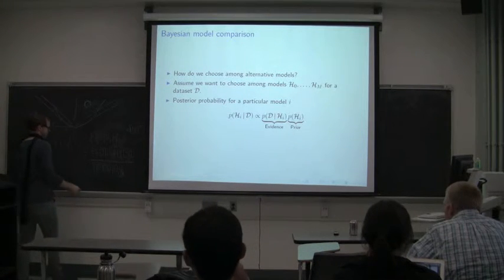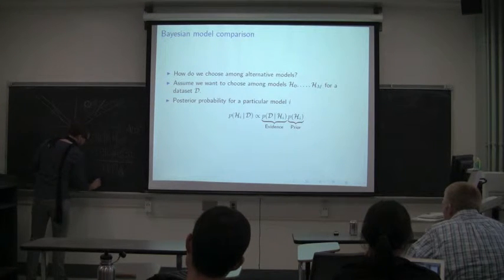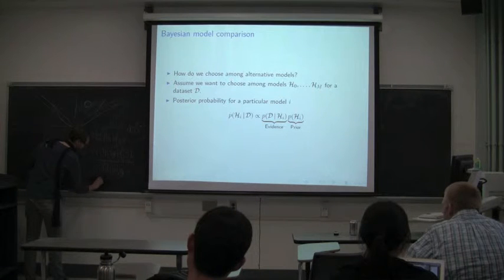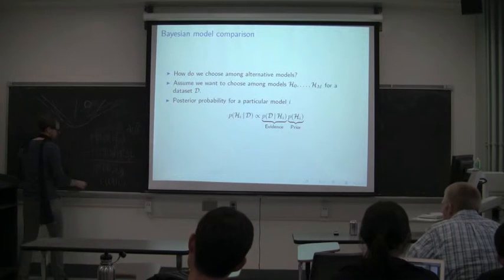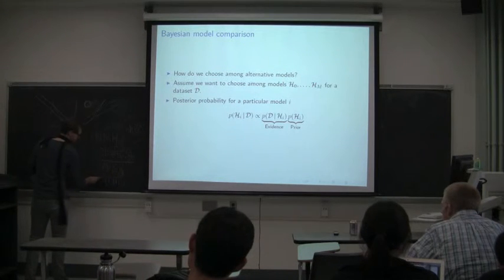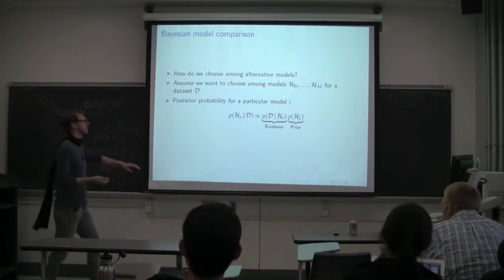Then basically this here, we said that this is P of the data. Instead of calling it P of the data, it's now P of data given H0. So it's the normalization constant in Bayes' theorem that we consider here, and that is what we call the evidence.